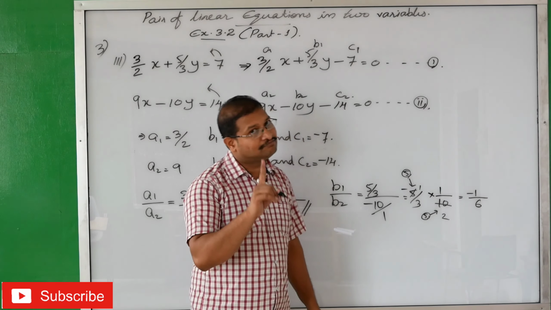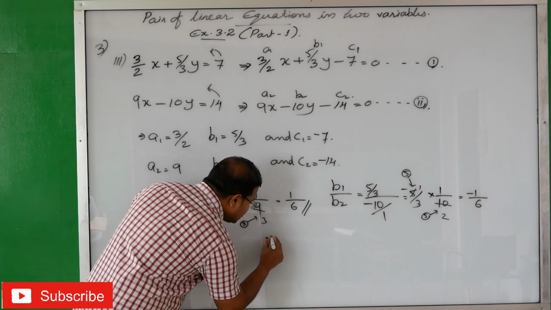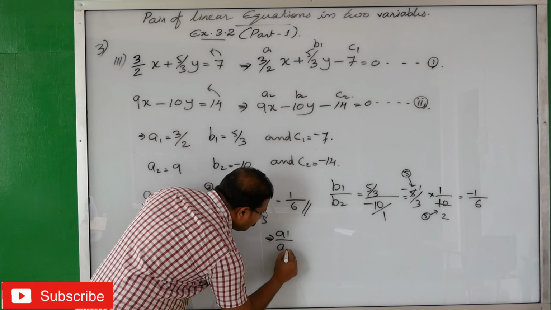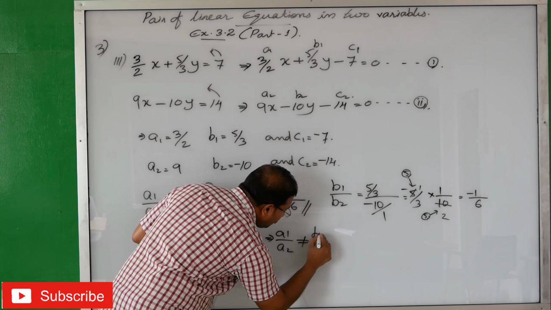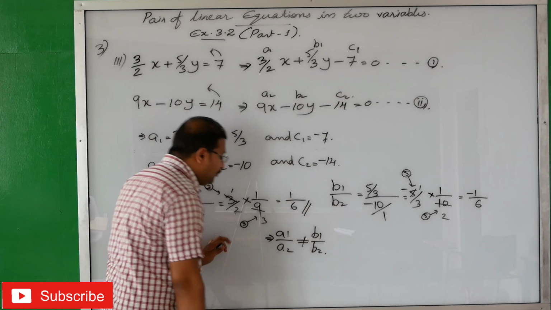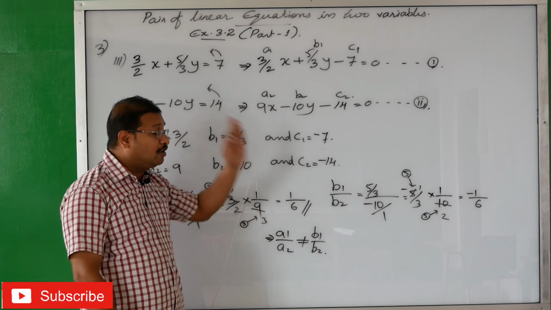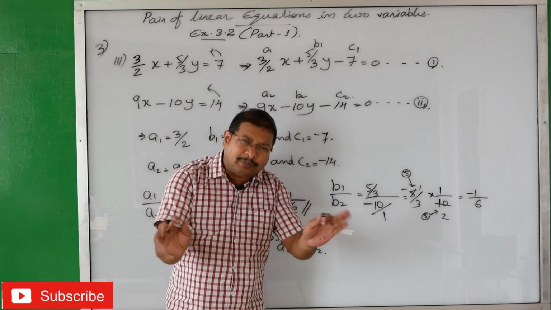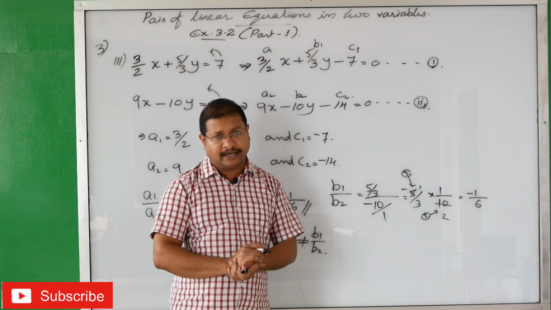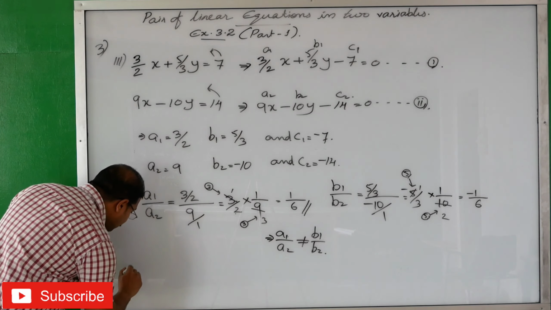Is it same? No. That means A1 by A2 is not equal to B1 by B2. See, if you get A1 by A2 not equal to B1 by B2, then there is no need to do the balance. Just you can write the direct answer. Ready? Therefore, what will you write?